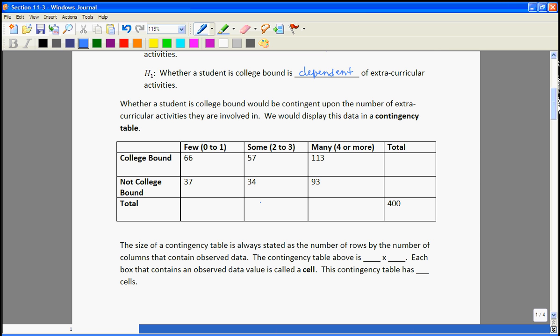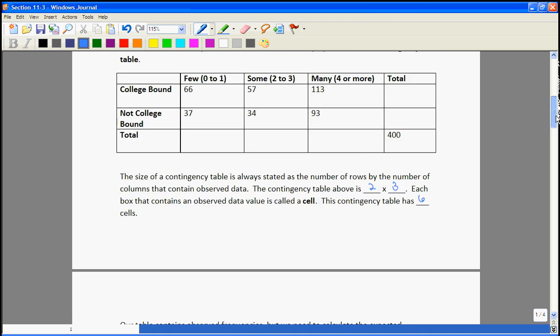Think of columns like columns that support a building, contained in that contain observed data. So we don't want to count the totals columns or the titles or anything like that, only those that contain some actual data. So this contingency table is, we have 2 rows and 3 columns, and each box that does contain an observed data value is called a cell. So this contingency table has 6 cells.